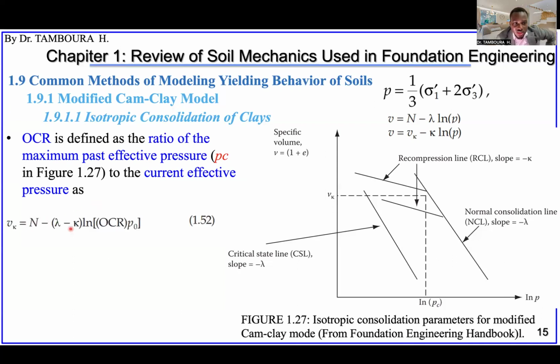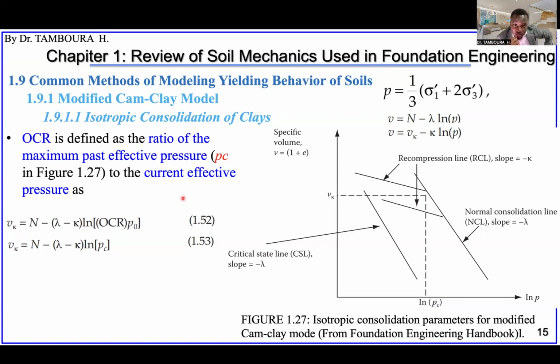So here is the equation between over consolidation ratio and the specific volume V. Hopefully for you, all these equations are what the numerical software is using. And we can arrange this in this way. Just this one or this one, it's the same, because over consolidation ratio multiplied by P0, where P0 is the current load. This definition is very clear, I think.